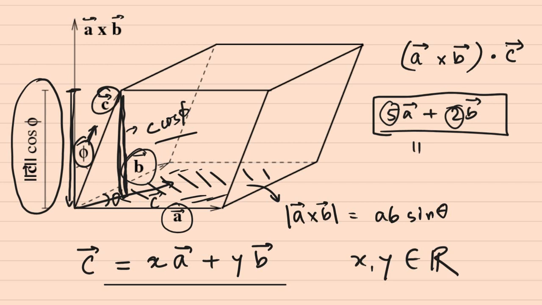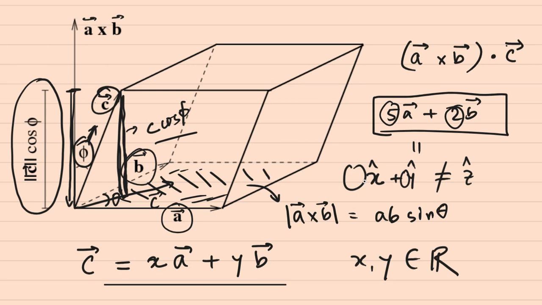In contrast, for example, x hat and y hat cannot create z hat, no matter what number you multiply x hat and y hat with. This is simply not possible. That means z hat is linearly independent of x and y.